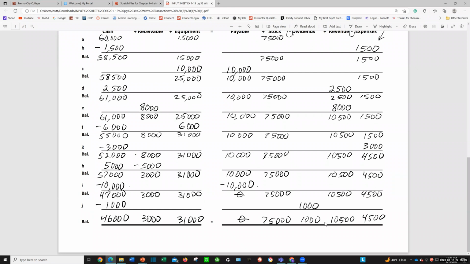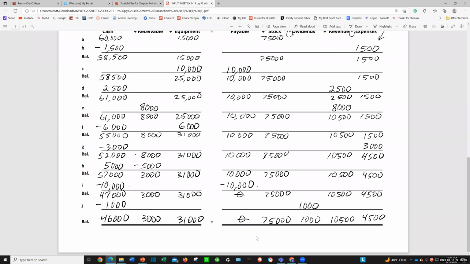How does this work? Well, 0 plus 75,000 for common stock. Now, this is interesting. This dividends is a minus, right? Because of that minus sign. So minus 1,000. And then revenues would be plus 10,500. And these expenses, because of that minus, you're going to minus 4,500.